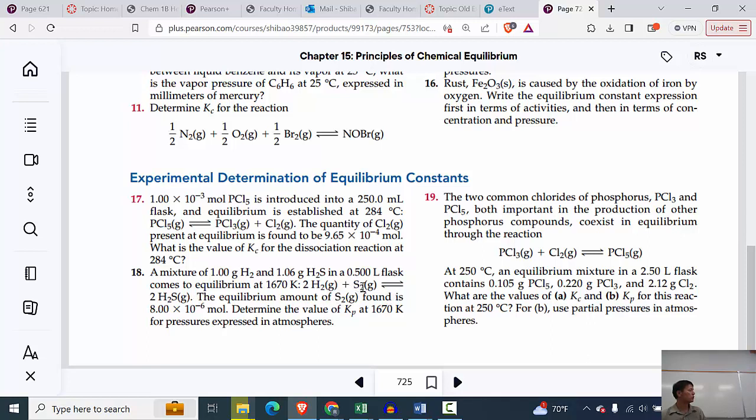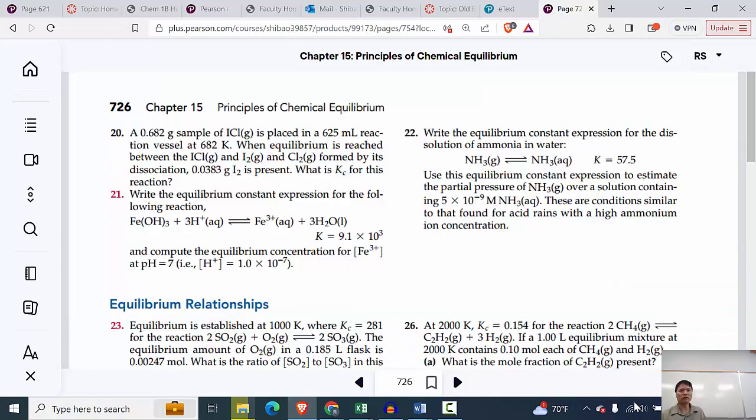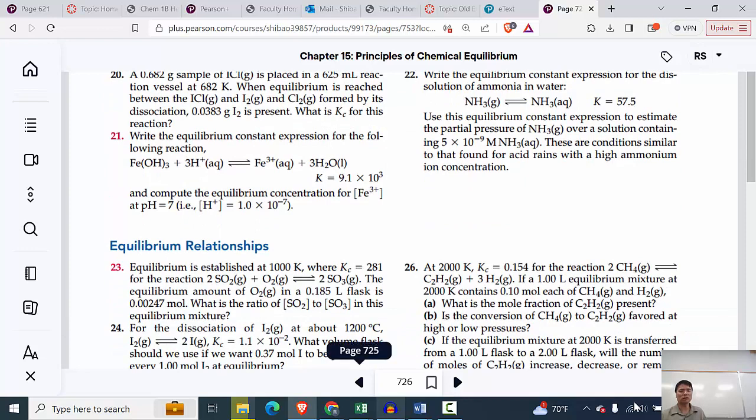There was no S2 initially, so we have to use a little bit of stoichiometry to figure out how to generate that amount of S2. So some of the H2S must have decomposed. Once we do that, in other words, ICE tables with missing items. Typically you can figure out what the missing items are because they give you enough information to figure out the change.